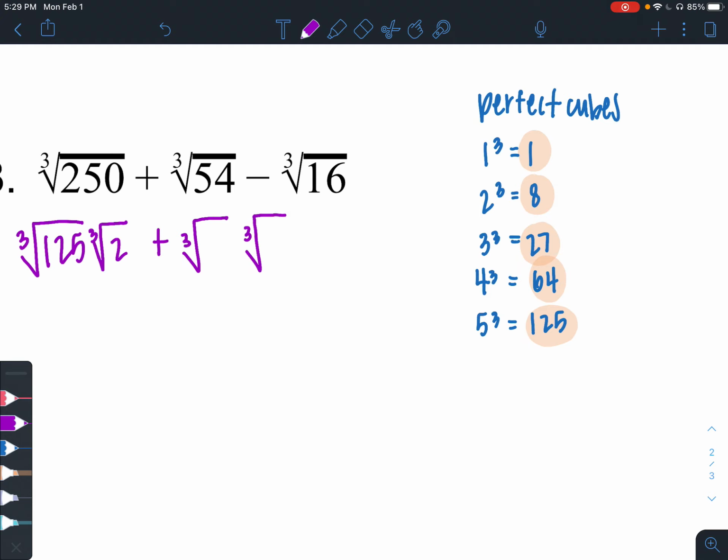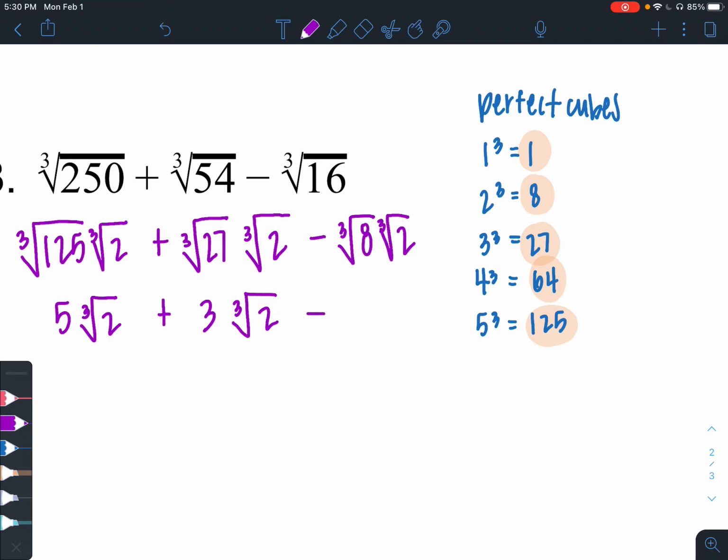54, what perfect cube goes into 54? Should have thought 27 and 2. And then 16 has a perfect cube of 8 in it times 2. All right, so then cube root of 125 is 5.